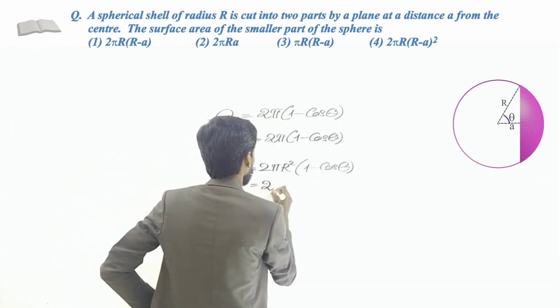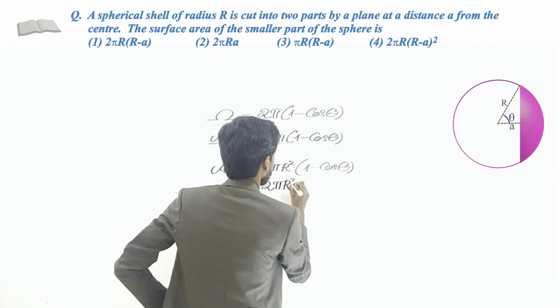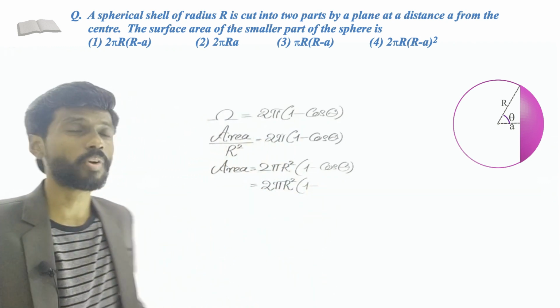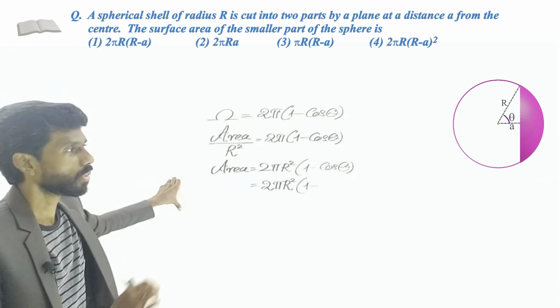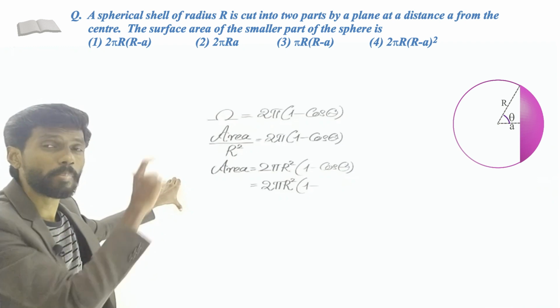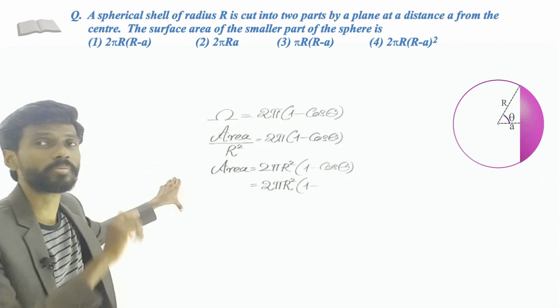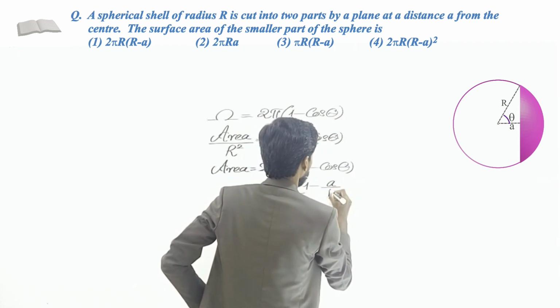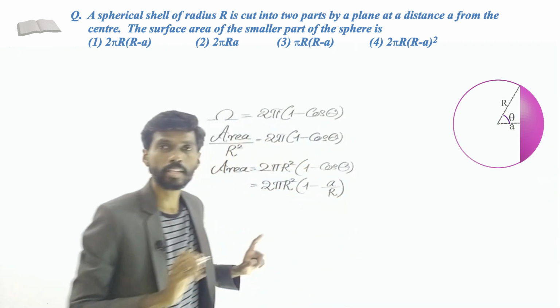So that is 2 pi r squared multiplied by 1 minus, and in that right angle triangle, what is the value of cos theta? The distance is a from the center, which means the base is a, and the hypotenuse is the radius of the sphere. So it is simply a divided by r. This is the answer.